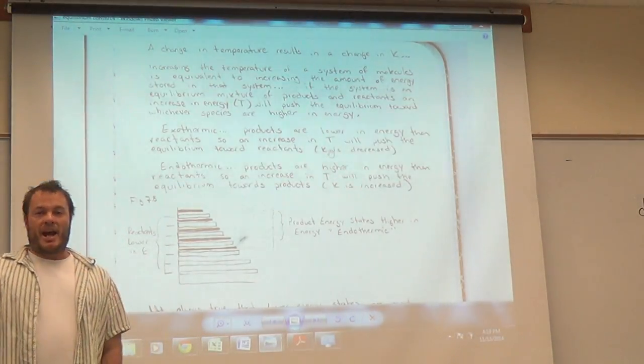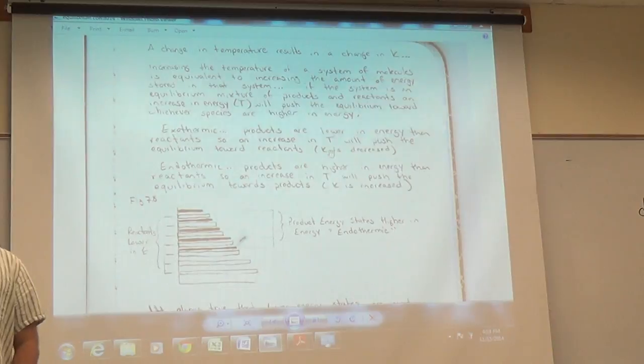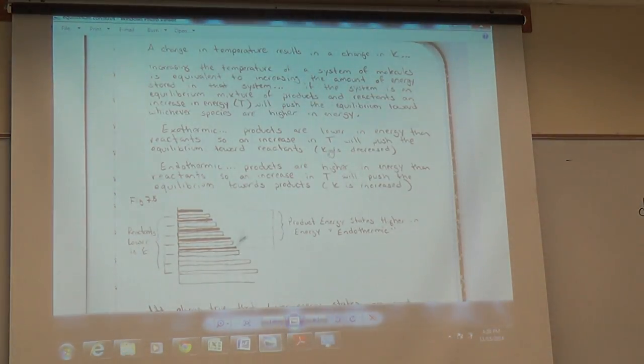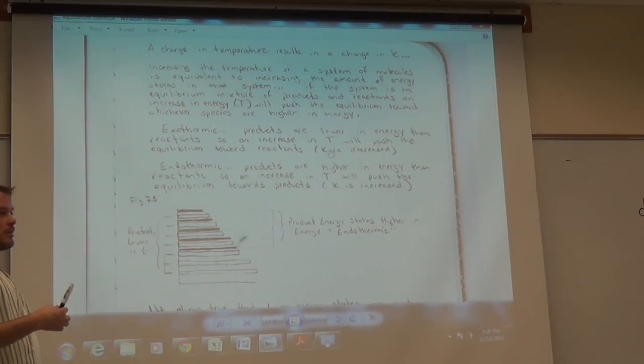So if your reactant molecules are higher in energy than your product molecules, what kind of reaction is that? If reactants are higher in energy than products, heat will be released, right? Exothermic reaction.